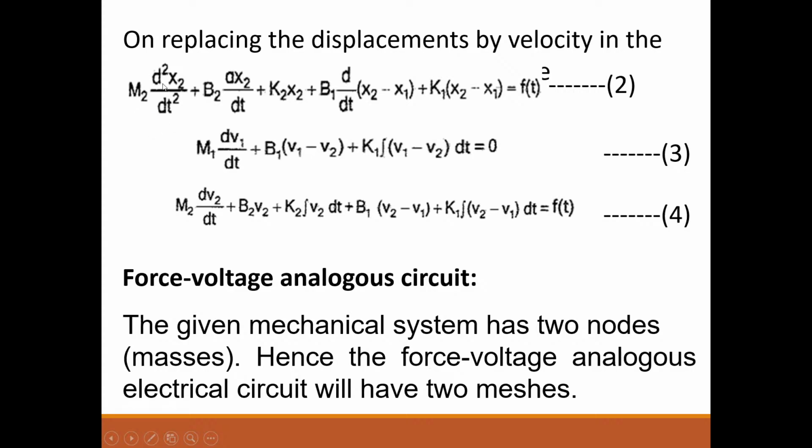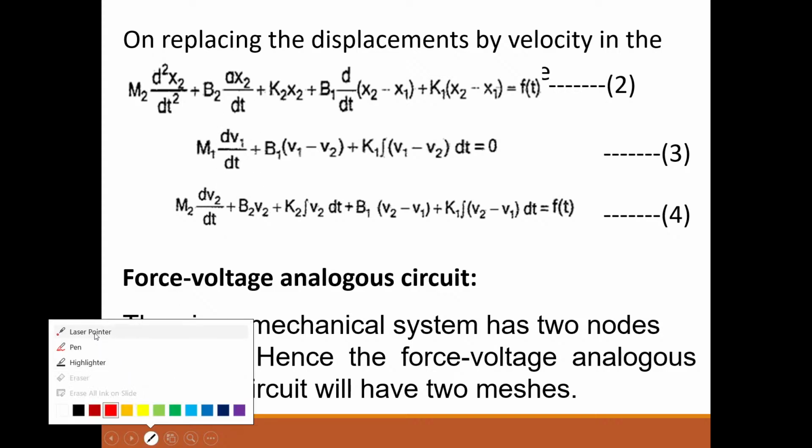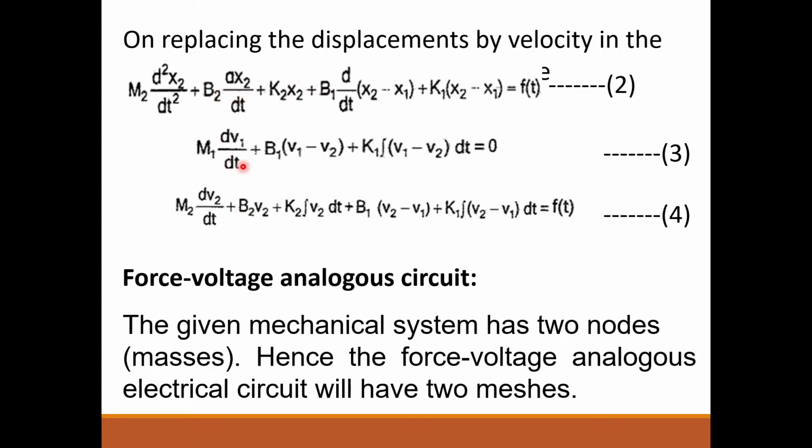Equation 2 is what? m2 d square x2 by dt square. So m2 write it as it is. Instead of d square x2 by dt square, what you have to write? dv2 by dt plus b2 write as it is. dx2 by dt, what is it? dx2 by dt is v2. Next plus k2 write as it is.